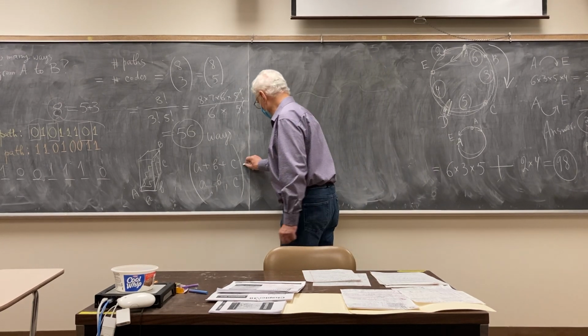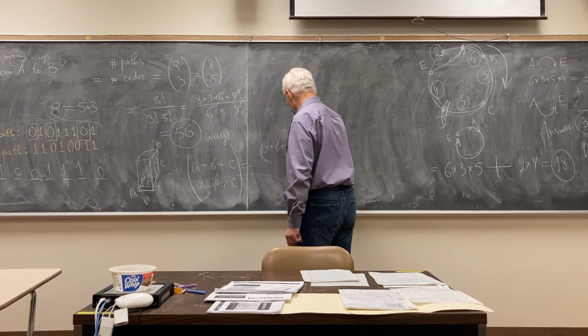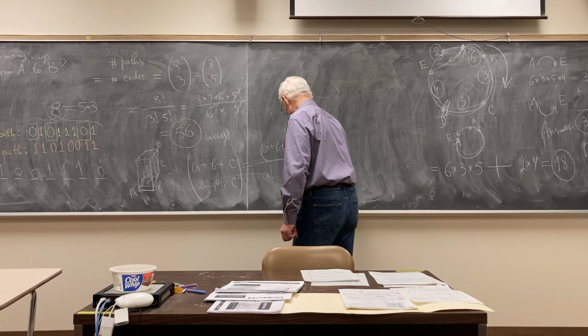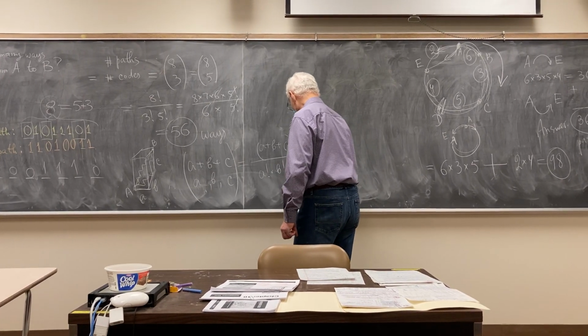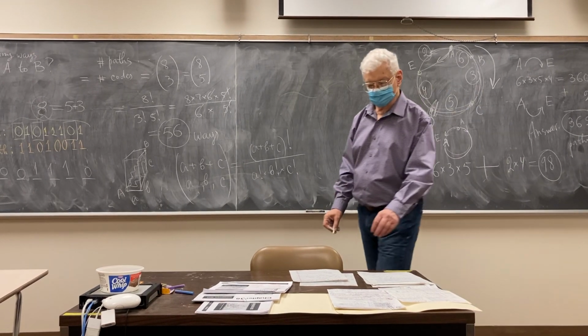The answer is (A plus B plus C) factorial divided by A factorial, B factorial, C factorial. And so this will be the number.